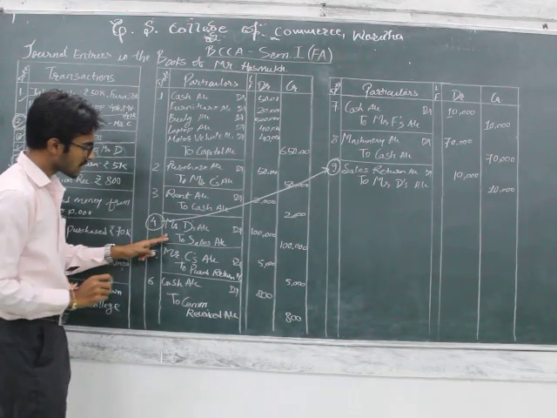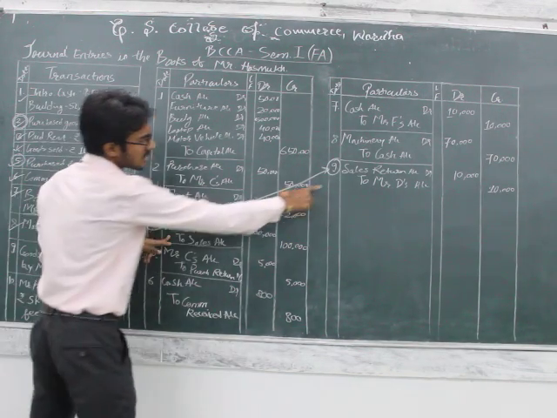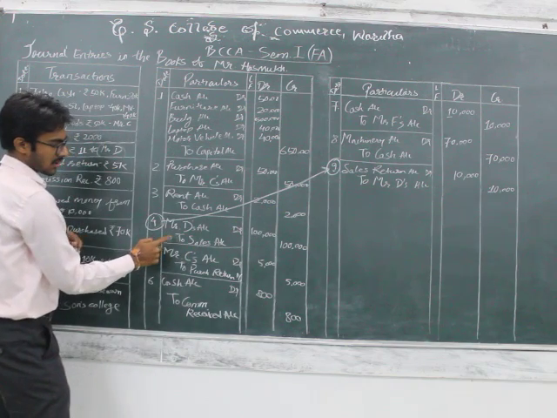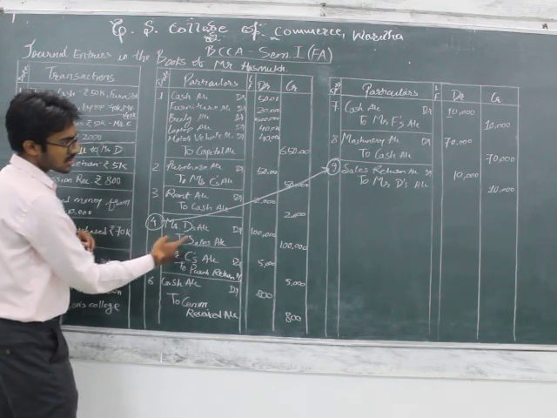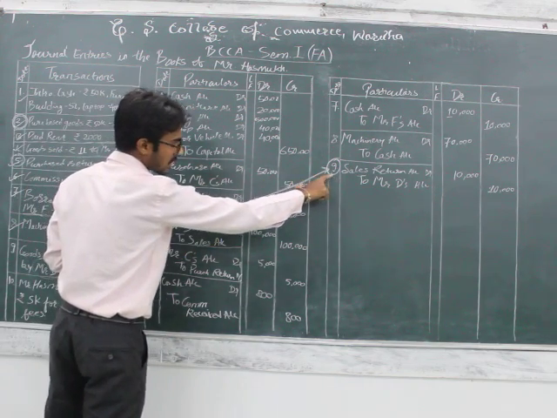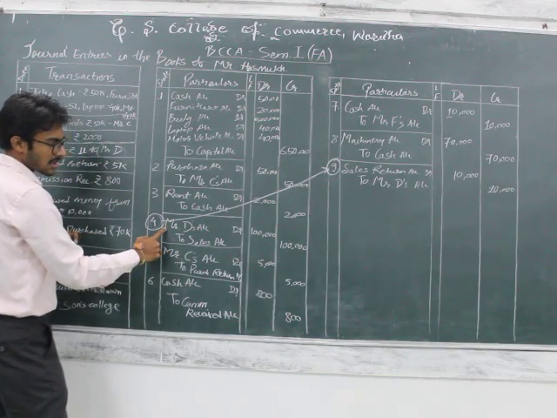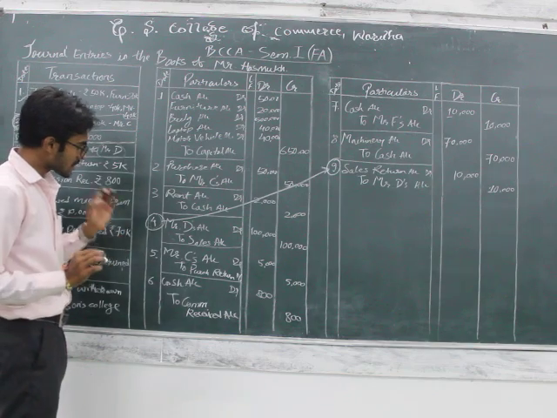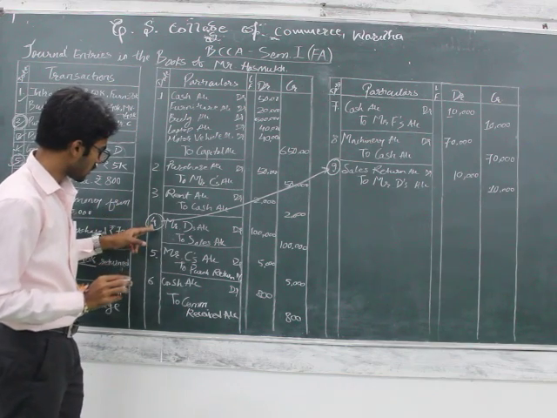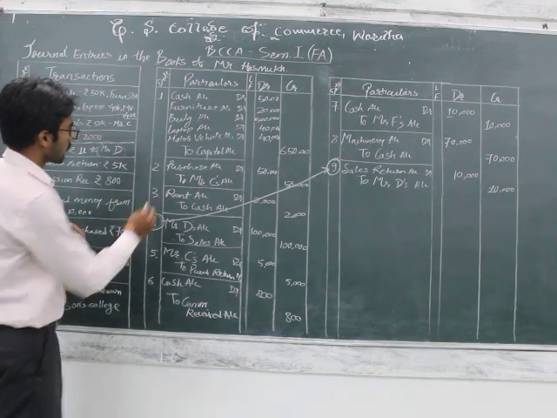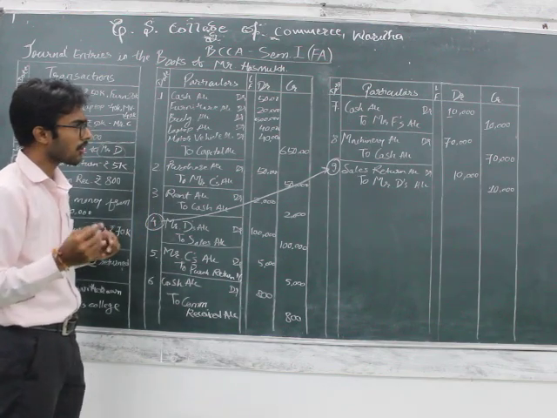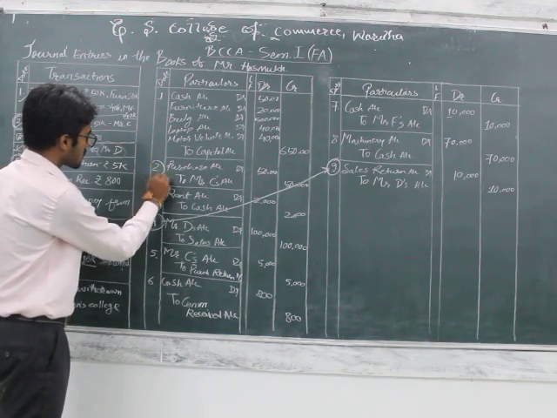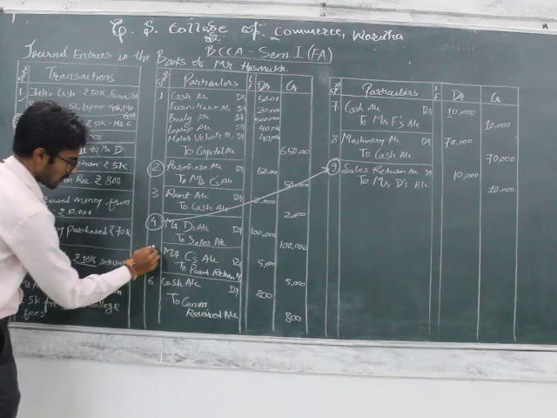Why? Because this is the contra entry for this. Here we credited sales, and we debited sales return here. We debited Mr. D there, and here we credited Mr. D. And exactly like this one, we made the contra entry for 2nd and 5th.